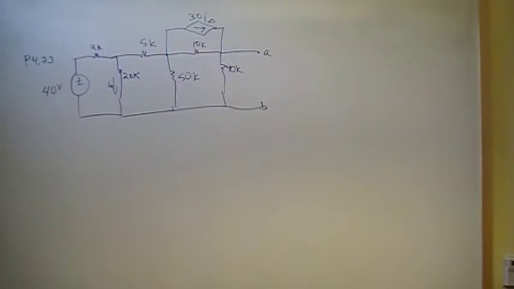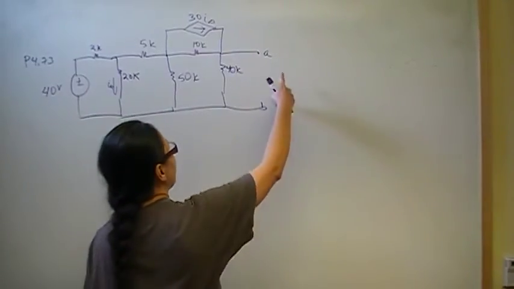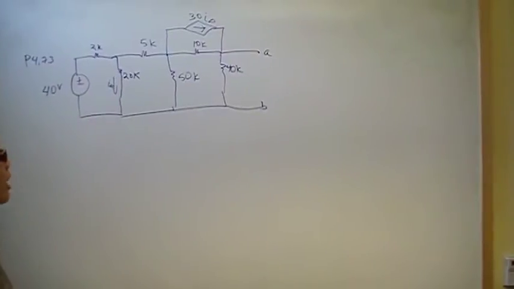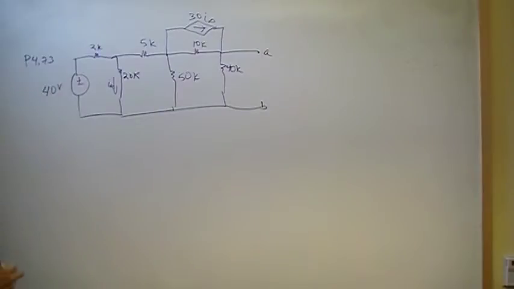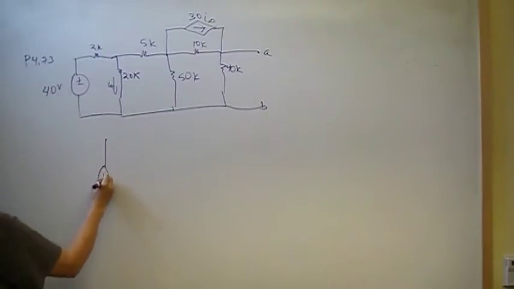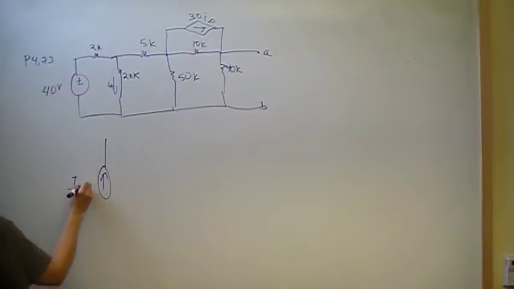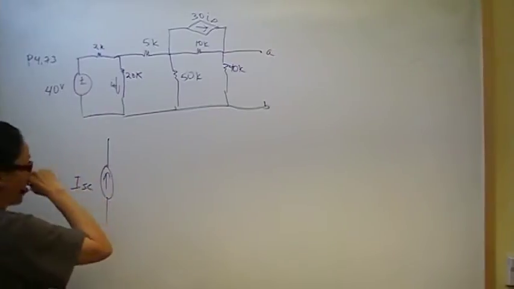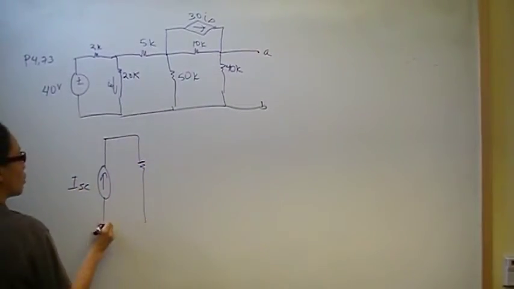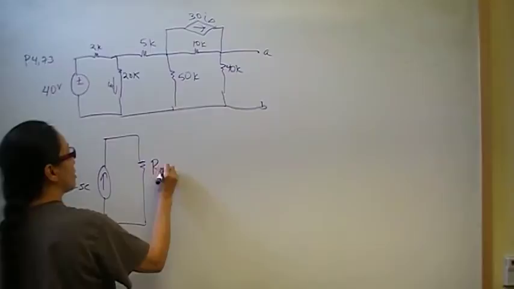Hey YouTube, so today I'm going to do problem number 73 from chapter 4, from the section on Norton and Thevenin equivalent circuits. Just a reminder, a Norton equivalent circuit takes a look at a load, some load A, B, and simplifies a complex circuit into two simple elements: an independent current source that is made up of the short circuit current flowing through the load, in parallel with the resistance seen by the load.